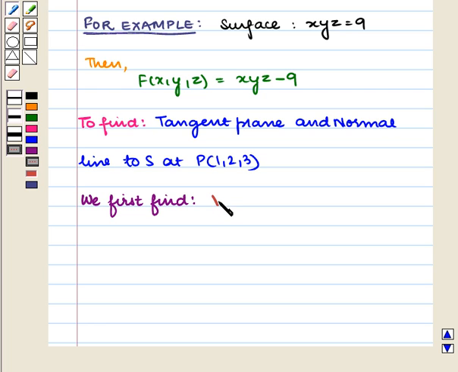So we first find gradient of F. As we know, gradient of F is equal to del F by del x i cap plus del F by del y j cap plus del F by del z k cap.